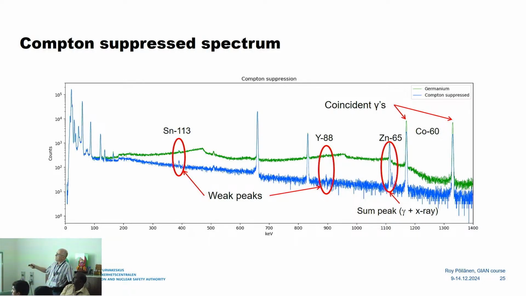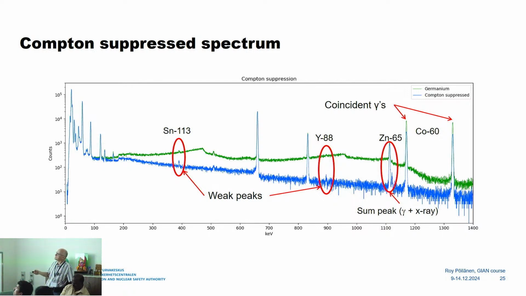If we reject those events, where there is a signal in the scintillation detectors, then the background is lower, and perhaps we can see weak signals much more easily. This is the idea of Compton suppression.